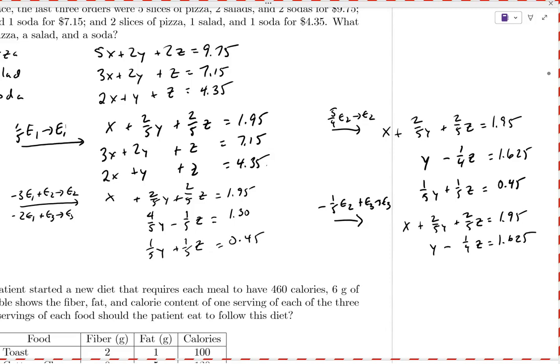Again, that gets rid of the 1/5 y here, right? Multiply by the opposite of the coefficient and add.